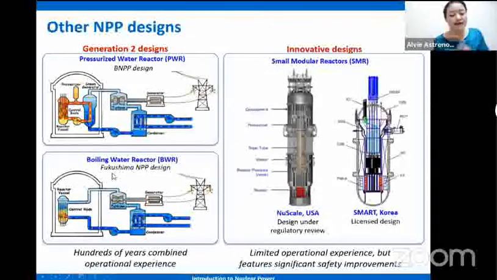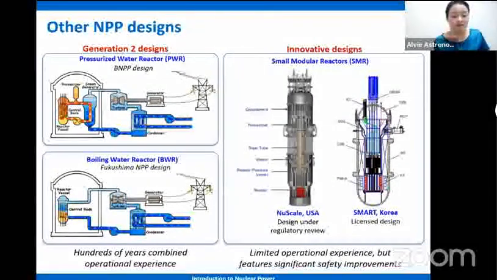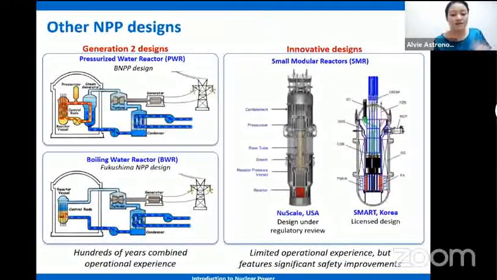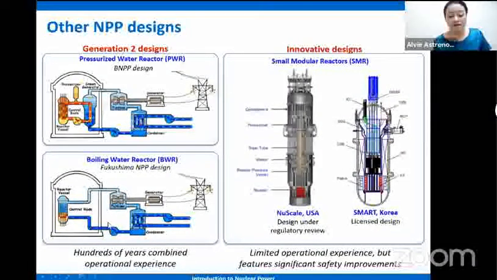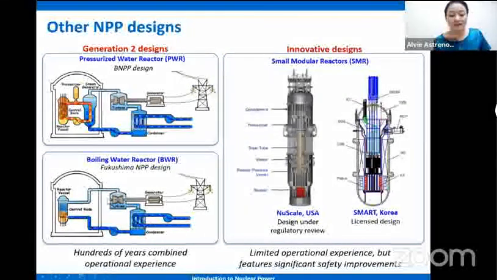The most recent accident happened in Fukushima. Many people are asking, what if a Fukushima kind of accident happens in a country, let's say the BNPP? It cannot, in a sense, because they have very different designs. One of the main things you will see here is that there's no secondary loop.